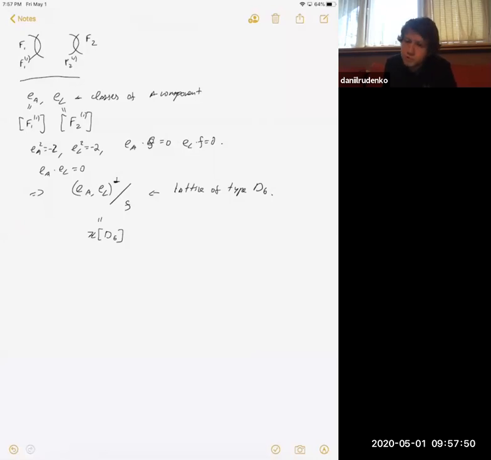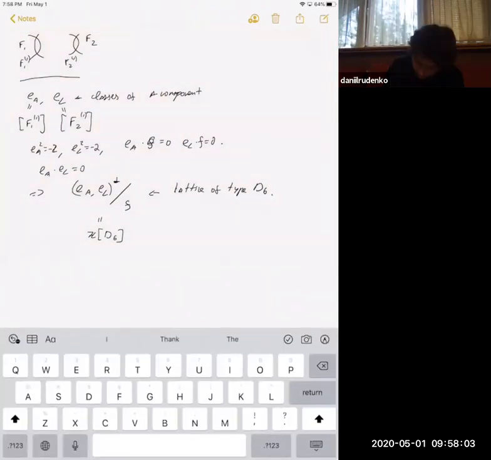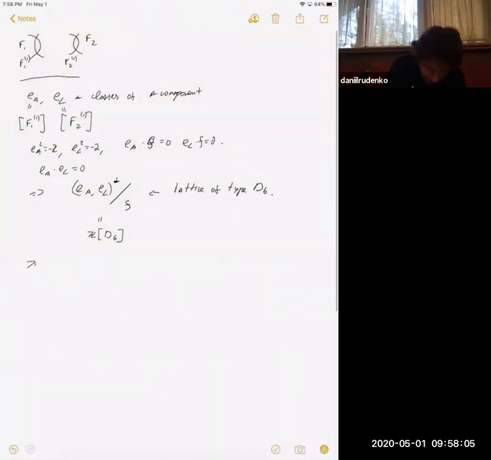So how to introduce parameters? The idea is very simple. It's called the period map, or Looijenga period map sometimes. So if one looks at this lattice, Z of D6, there are two canonical maps. One is a map to Pic-zero of the first fiber, and another is a map to Pic-zero of the second fiber.